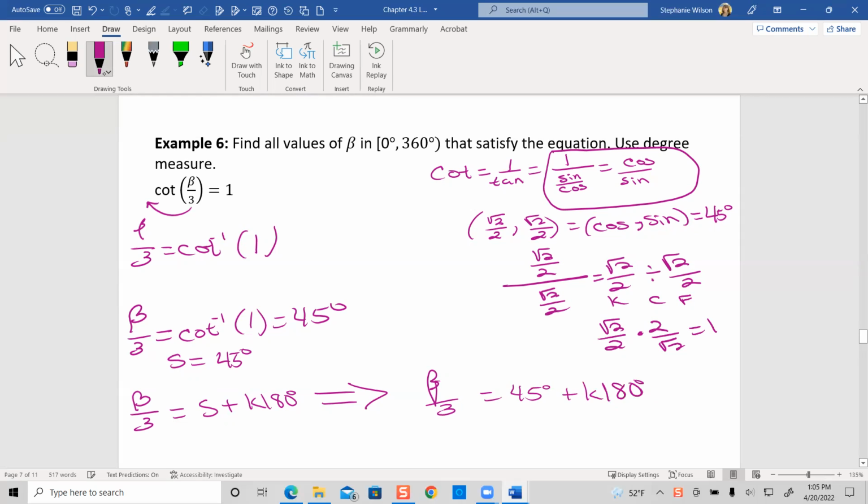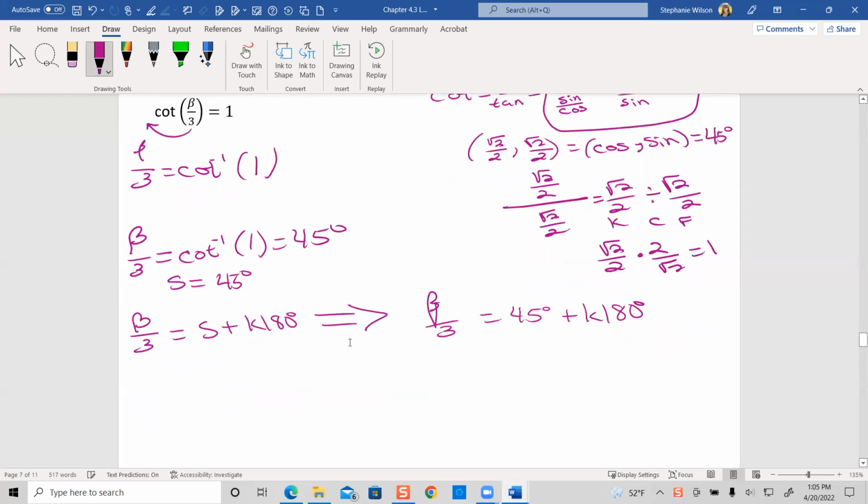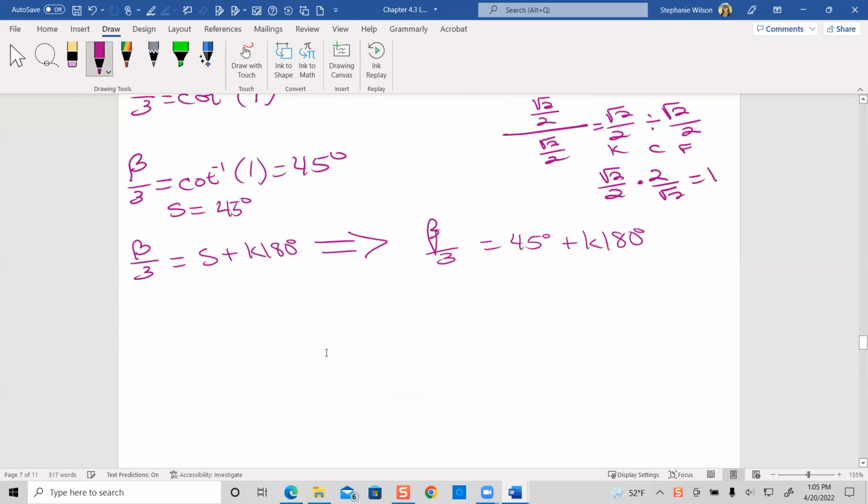All right. Now beta is divided by 3, and beta only needs to be a coefficient of positive 1. And so what I need to do is undo this fraction by multiplication, because fraction multiplication undoes division.